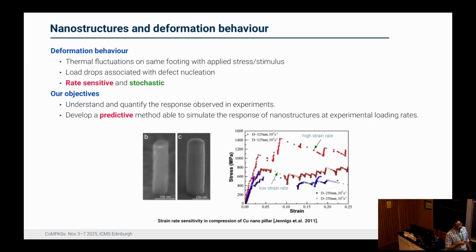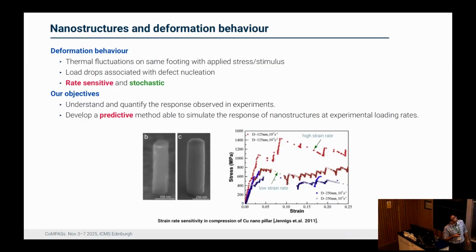You see that for the red ones, if the strain rate is very high, the average stress is very high, and if the strain rate is low, then the average stress is very low. But it is not so much in the thicker column, because in the thinner column the system is essentially dislocation starved. So the surface actually plays an important role in nucleating the dislocations. And these jumps are nothing but strain bursts that you see.